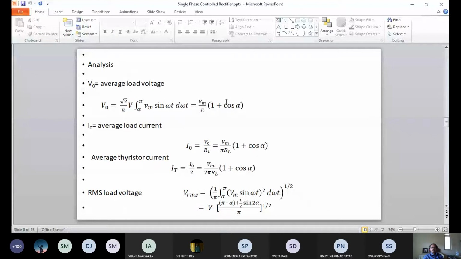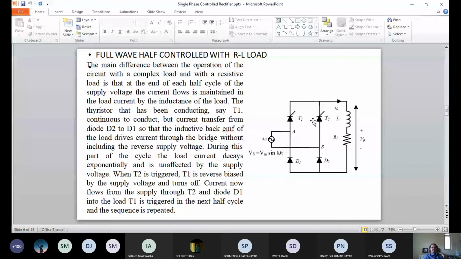The first half is okay. Now at pi plus alpha we trigger T2. When T2 is triggered, it is in the negative half cycle. This was forward bias, but there was no gate pulse, so it was not conducting. Immediately when this gate pulse is applied, current transfers to T2.